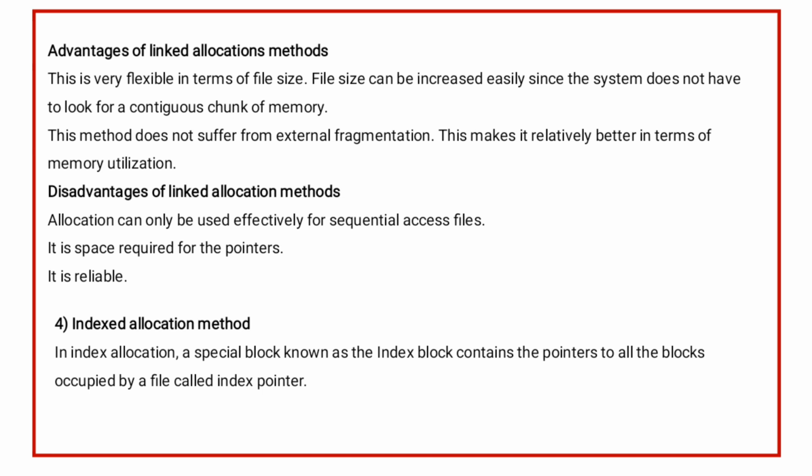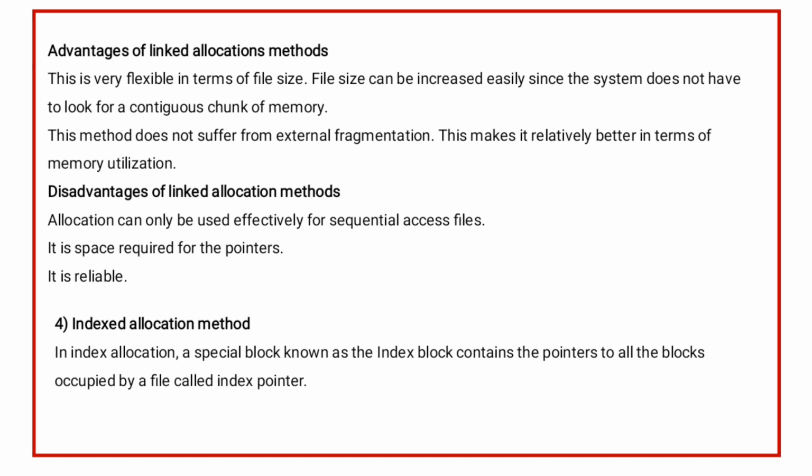The second benefit is that this method does not suffer from external fragmentation. This makes it relatively better in terms of memory utilization. Now, the drawbacks of the linked allocation method are: the first is that it can only be used effectively for sequential access files. The second drawback is the space required for the pointers. And the third drawback is that it is not reliable.